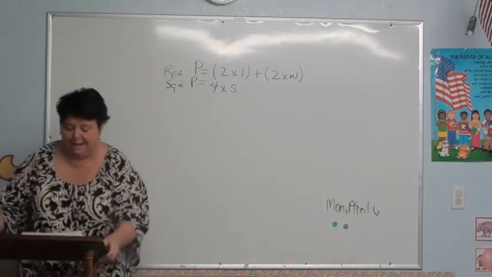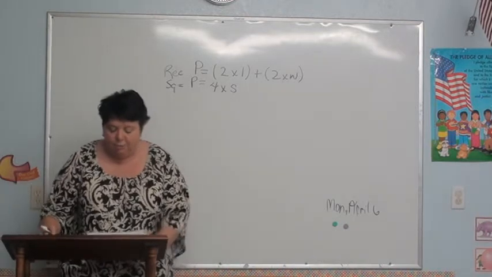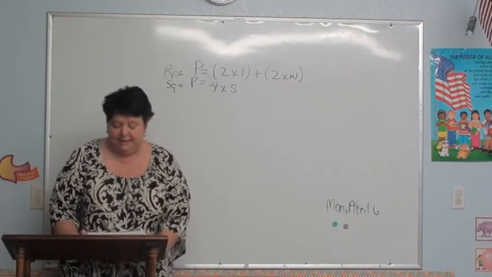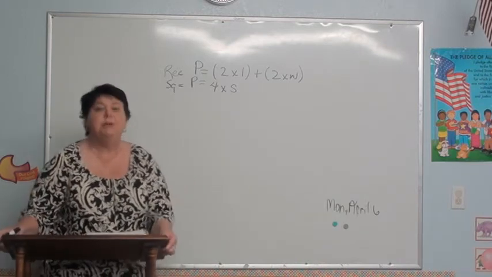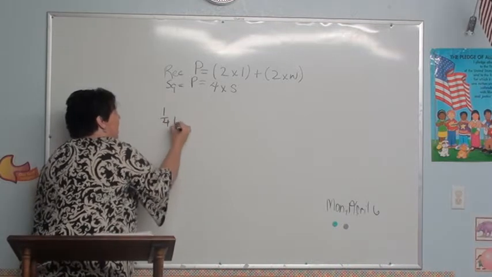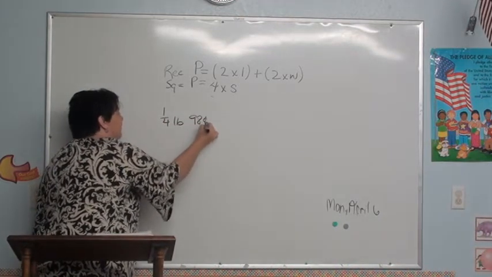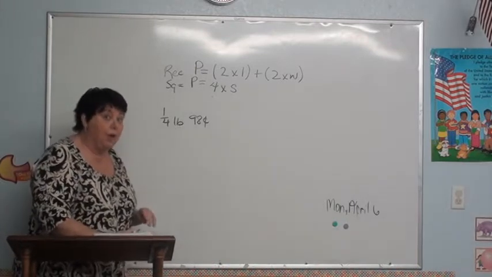Let's go to 3A. It says Aaron bought 1/4 pound of peanuts for 98 cents. If he had bought 1 pound, how much would it have cost him? He bought 1/4 pound, and it was 98 cents. Now, 1/4 means there's 4 parts to that whole.